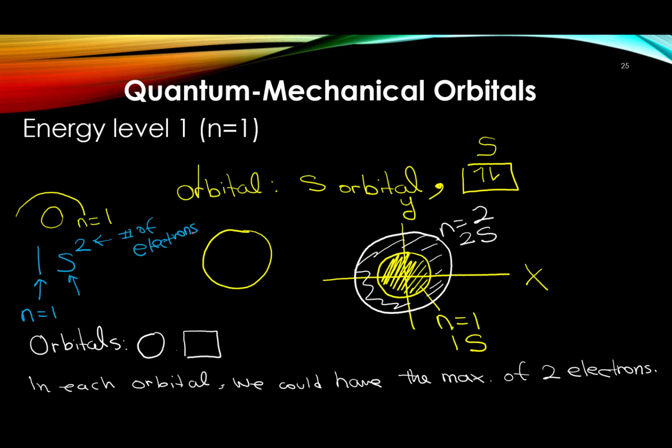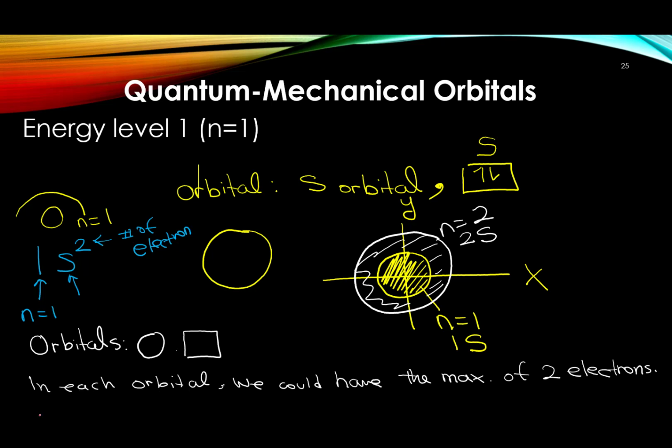That's what 1s2 means. In energy level 1 we only have the s orbital, and we could have a maximum of 2 electrons. So the maximum number of electrons in energy level 1 is 2, as you could see here.